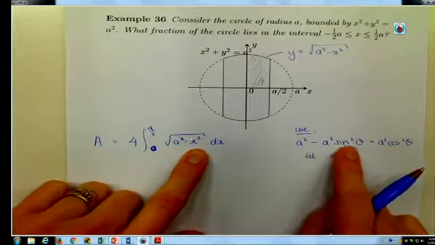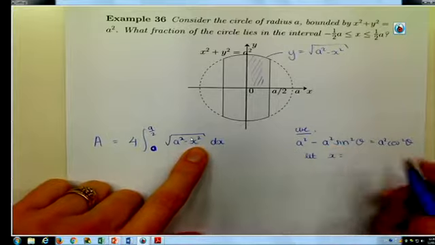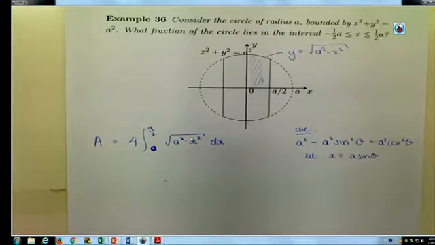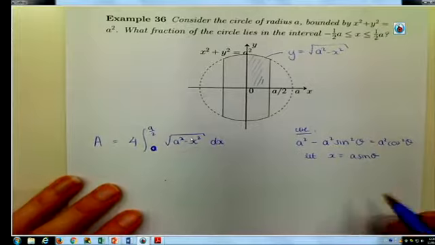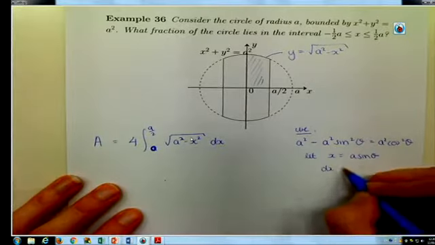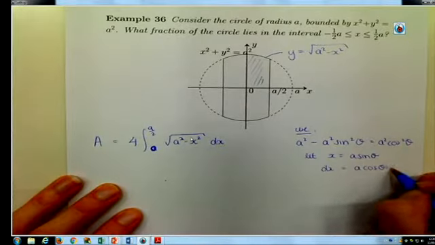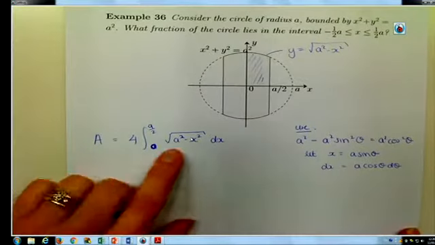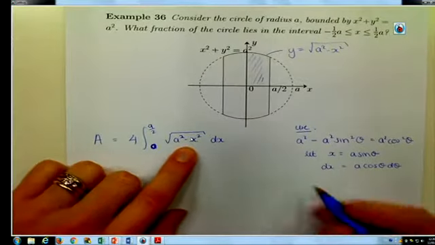That means that a squared sine squared must match x squared. So here I want x equals a sine theta, and dx is a cos theta d theta. And then I'm just going to work out what this is once I transform it.